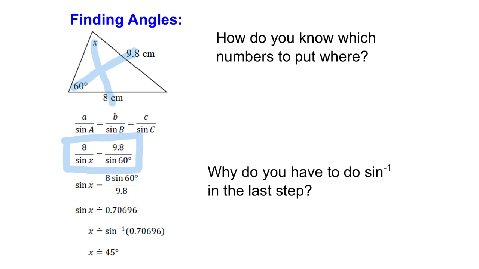And if you're not sure how to do that on your calculator, please let me know. You should get an answer of 45 degrees. So if you're not getting 45 degrees when you do this calculation, you have to ask for some help using your calculator. So anyway, start the same way. Find your matching pairs, your pairs of opposites, make your equation, cross multiply to solve, and then because you're finding an angle, do the inverse sine at the end.